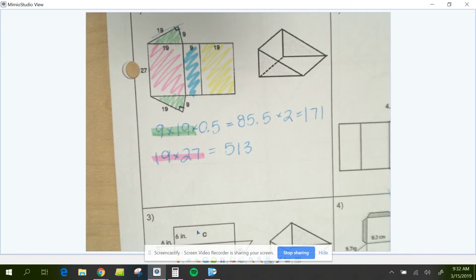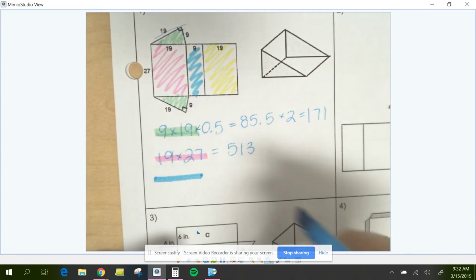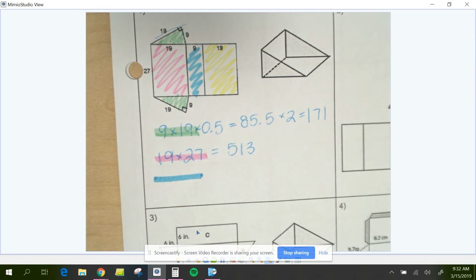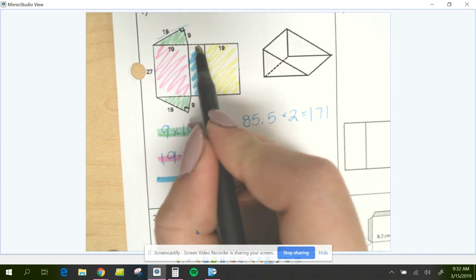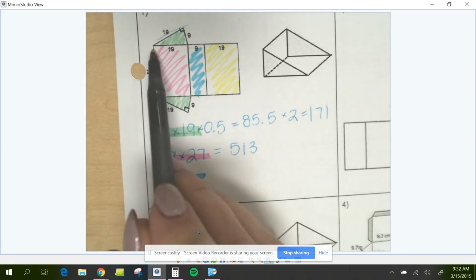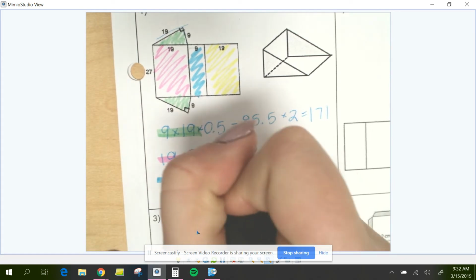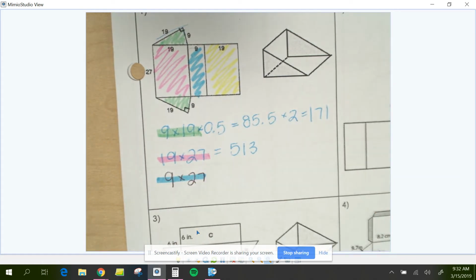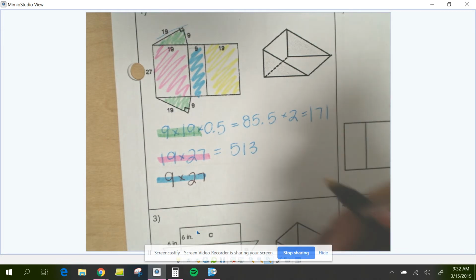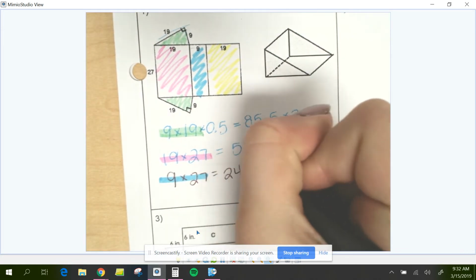Okay, then I go into my blue one. I'm gonna use a different pen for this one. My base is 9 here, but my height is still going to be 27, so it carries across. So 9 times 27, that would give me 243.